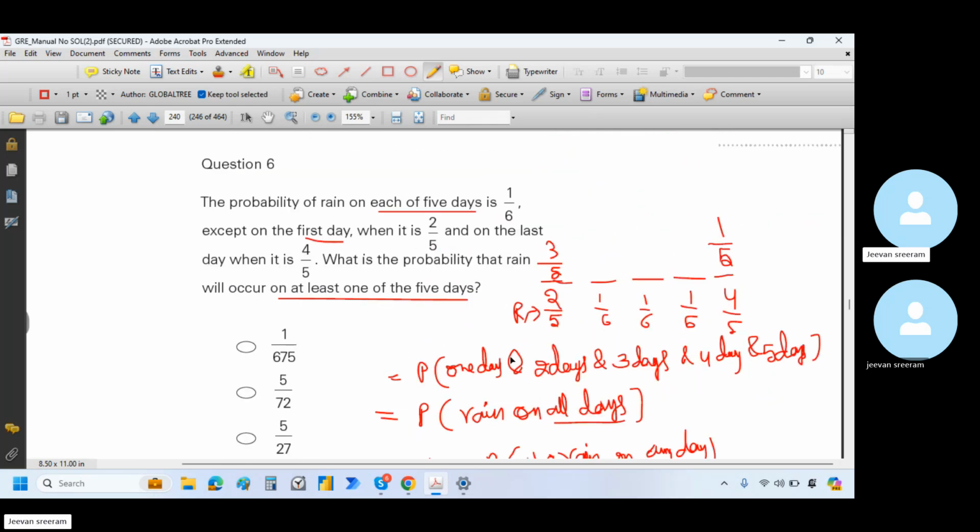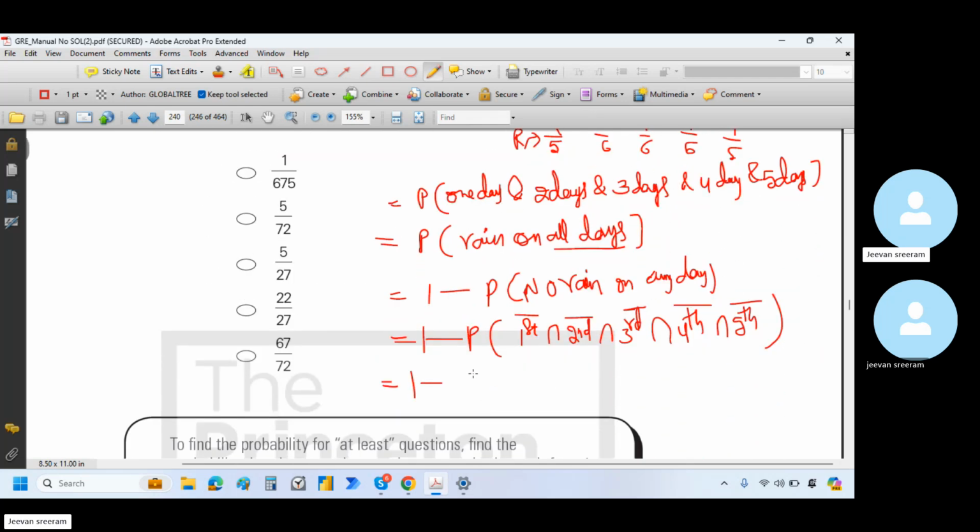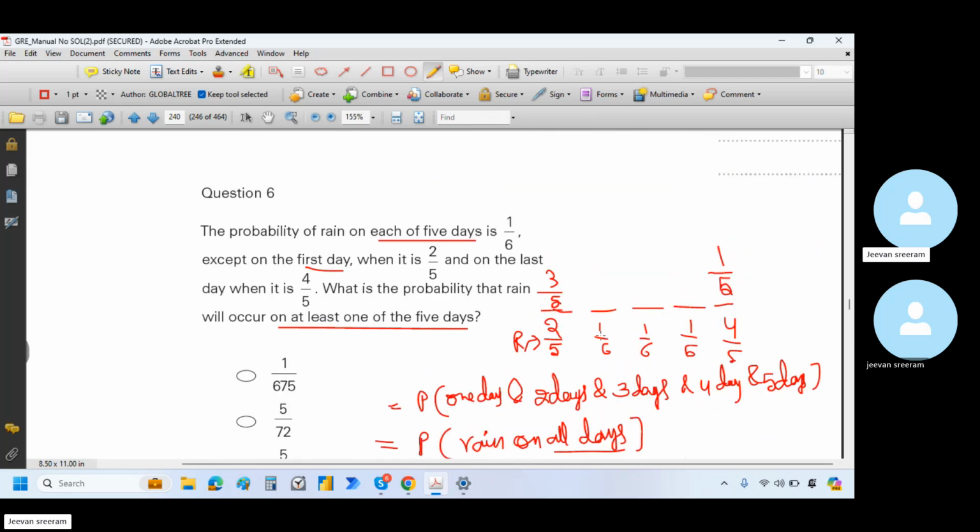So no rain on first day is 3/5. No rain on second day, that's 1/6 is getting rain on second day, no rain means 5/6. So 5/6, and also 5/6 on fourth day.